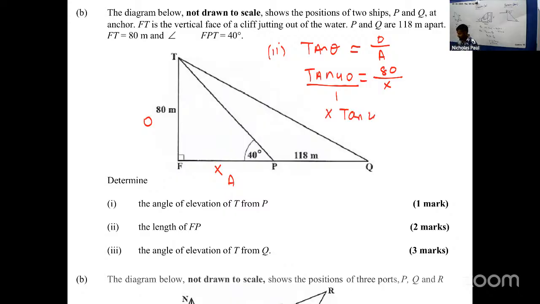X tan 40 is equal to 80. X is equal to 80 over tan 40. How much is that? 95.3. Last part: angle of elevation of T from Q.